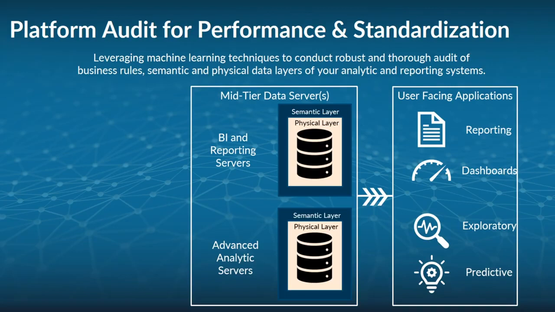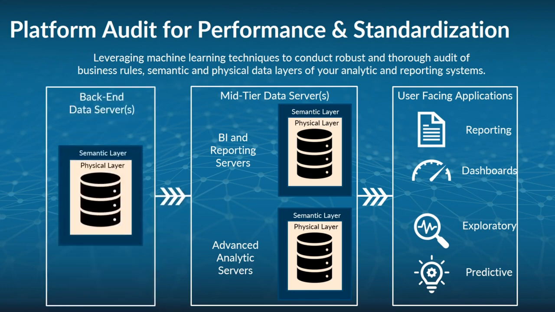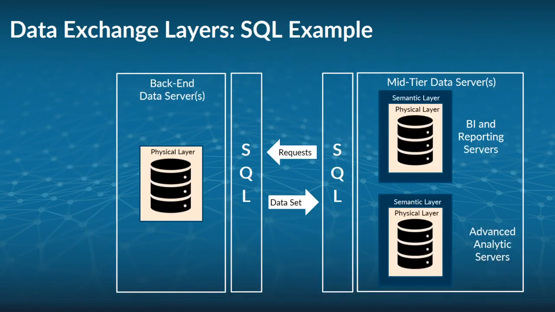But all of that actually is fed from a set of servers even further back, and they're really the data servers, right? So when I talk about a performance issue, it's really a balance between the mid-tier servers and those back-end servers. It's really the communication between those servers, Jen.